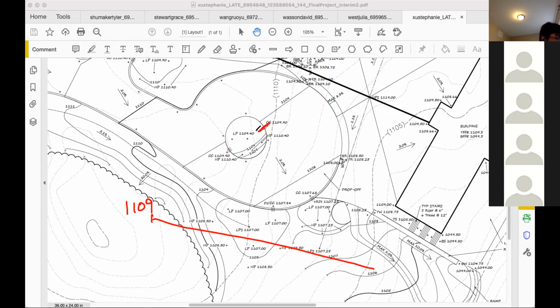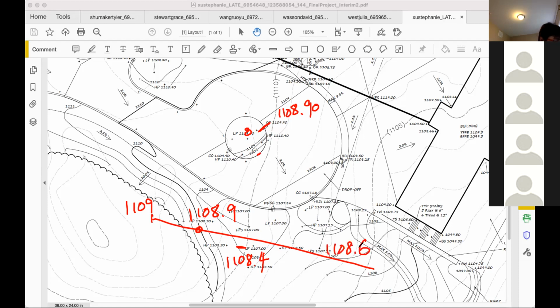It should be 1108.9, right? Yeah, so that is 1108.9. I think that's where the confusion came. So I'm getting in here at 1108.9, and I have my bottom as 1108.4. Now this, if there's no curb, that is about 1108.6.